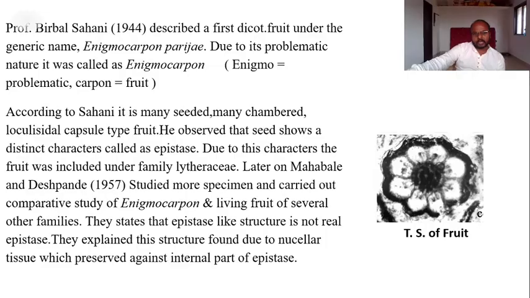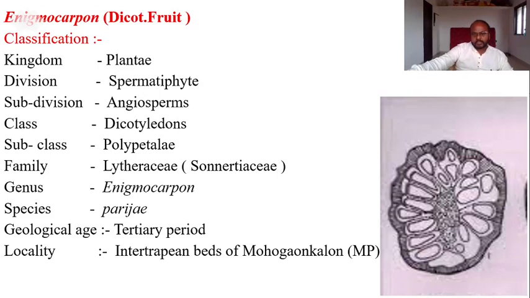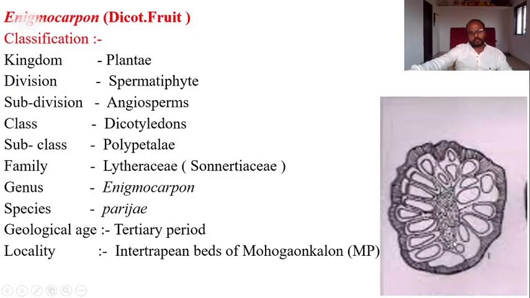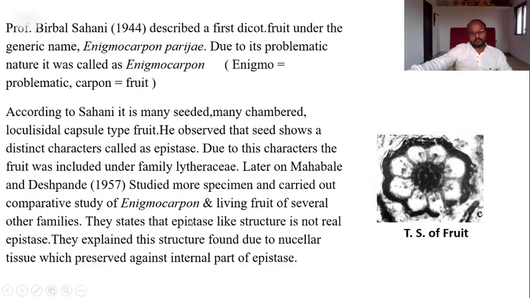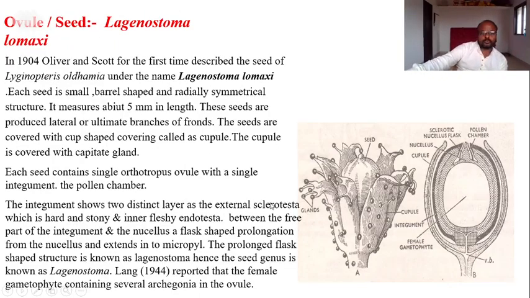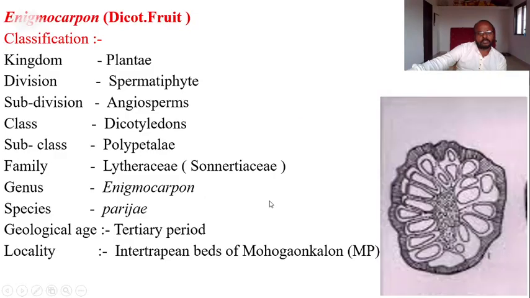And they kept this fruit under family Sonneratiaceae, since such a structure is found there. So some scientists include it under Lythraceae and some under Sonneratiaceae. So here this is the Enigmocarpon dicot fruit.